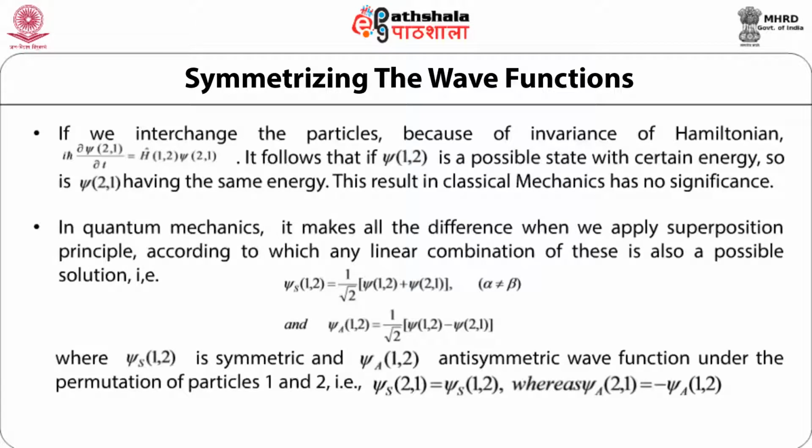particle 2. That is, if we interchange the two particles, then the symmetric wave function, psi subscript s21, turns out to be equal to the original wave function psi subscript s12, while if we interchange the particles 1 and 2, then the antisymmetric wave function, psi subscript a21, turns out to be equal to the negative of the original wave function psi subscript a12.